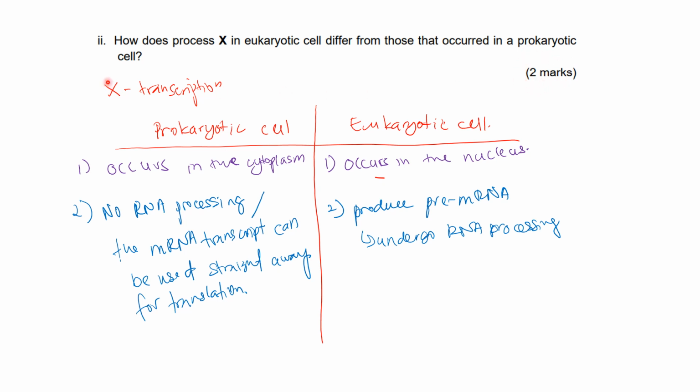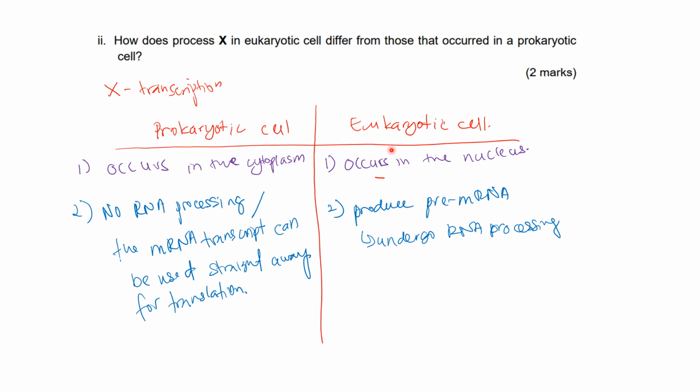For the first mark, you mention what process X is, which is transcription. The keyword here is for you to give differences between the process of transcription that occurs in eukaryotic cells and in prokaryotic cells.